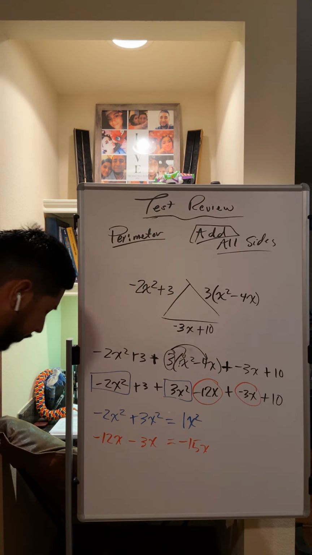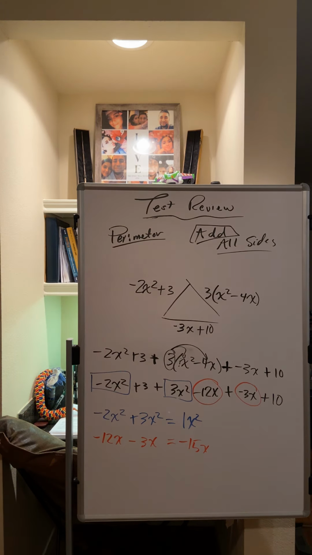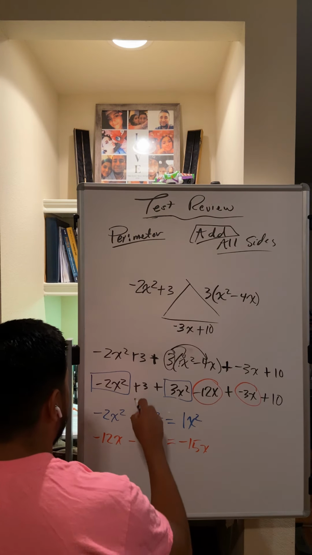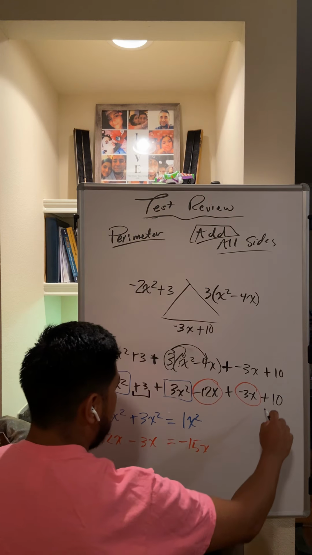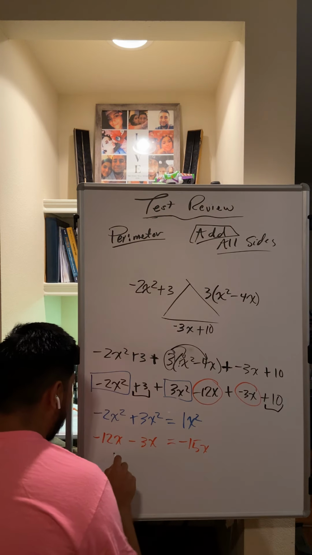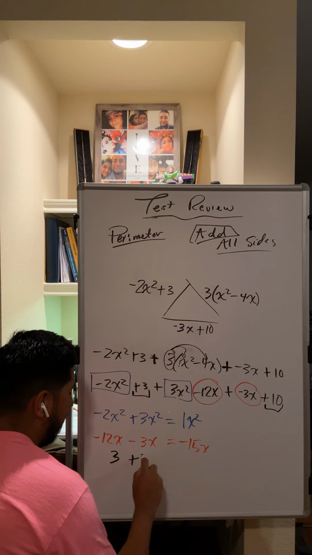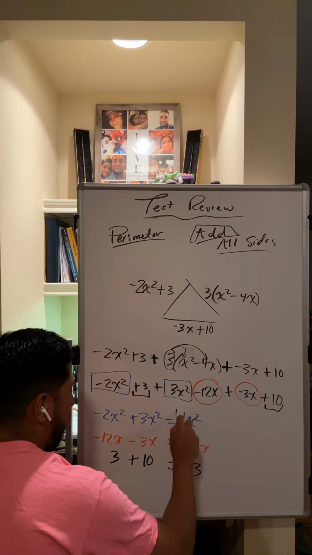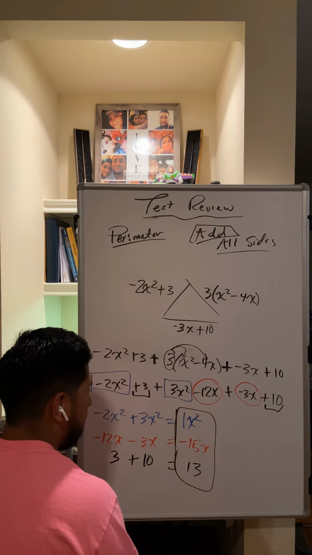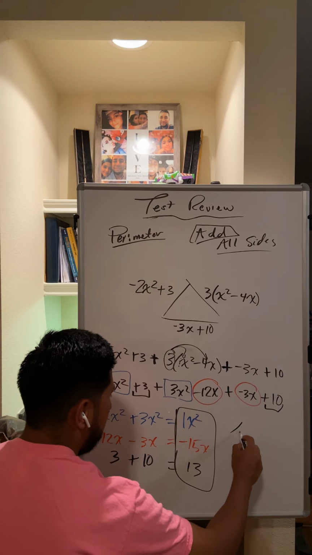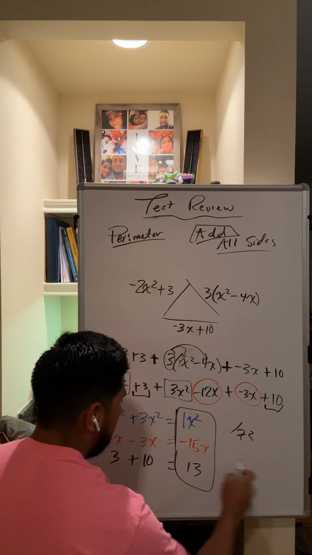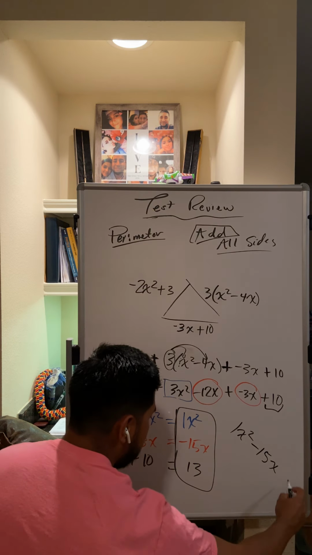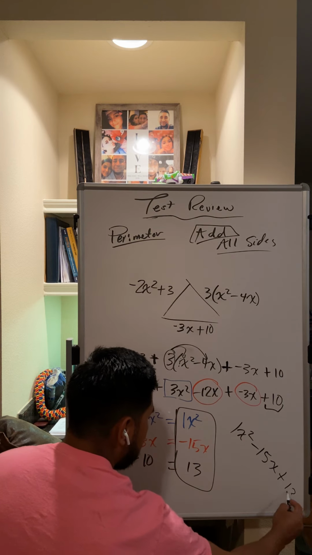And the last one. We got 3 and 10. 3 plus 10, 13. And then all of this is my answer, so just put it in order. 1x squared minus 15x. That's a positive 13, so put plus 13.